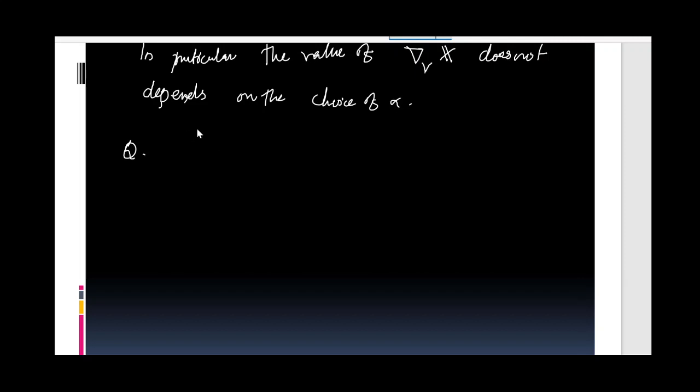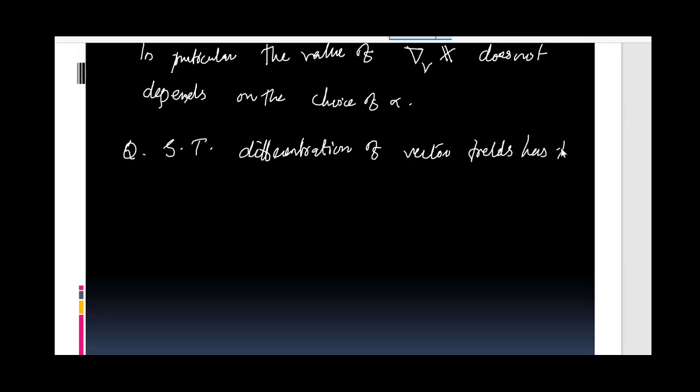So here is the question. Show that differentiation of a vector field has the following properties.